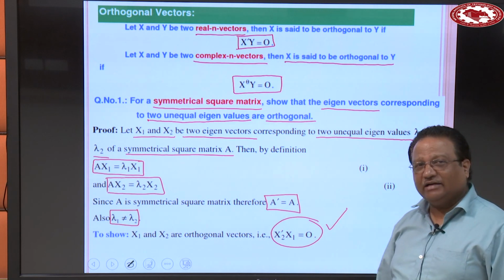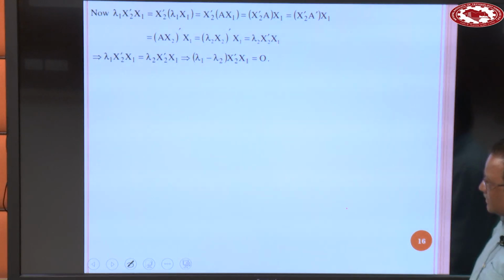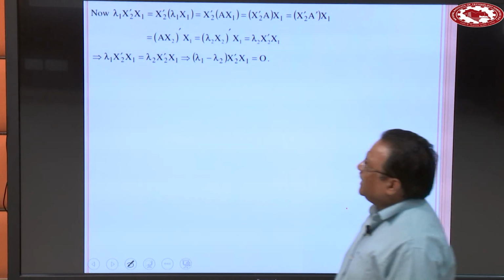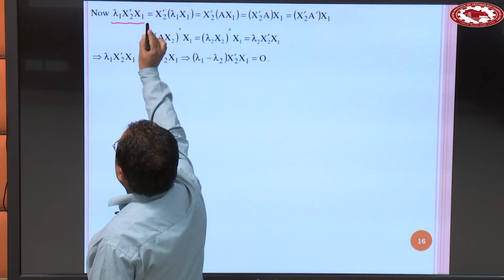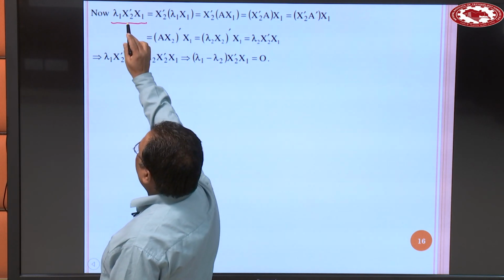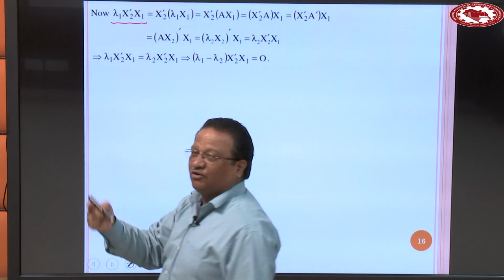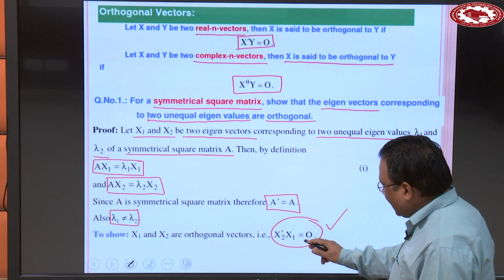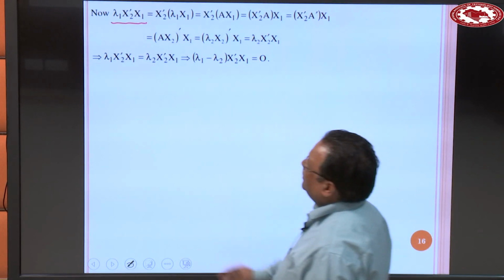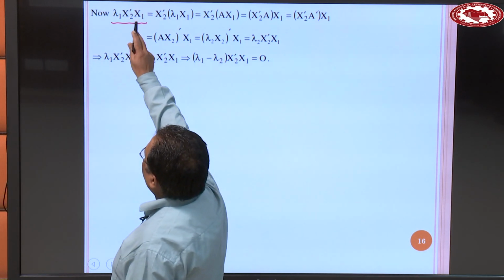Now see how to prove it. Now let us start. You have to show x2 dash x1 is equal to O.